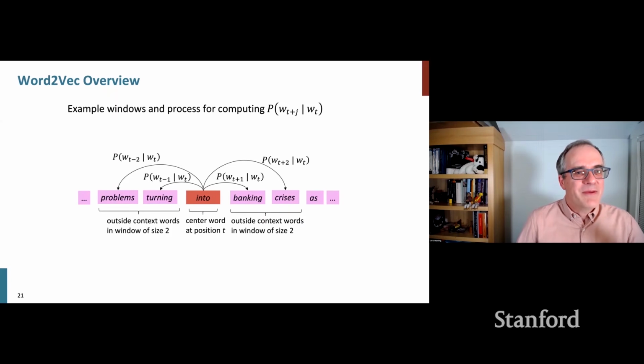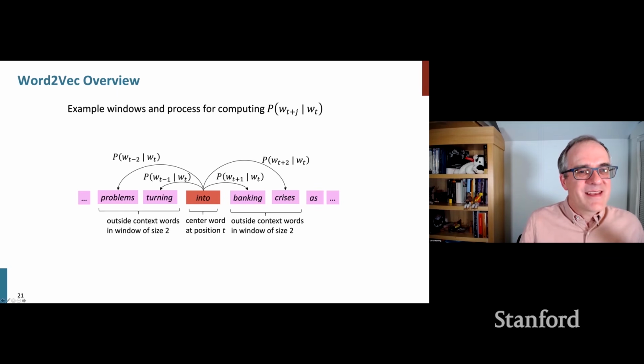So we have a piece of text, we choose our center word, which is here "into", and then we say, well, we have a model of predicting the probability of context words given the center word. And this model we'll come to in a minute, but it's defined in terms of our word vectors. So let's see what probability it gives to the words that actually occurred in the context of this word.